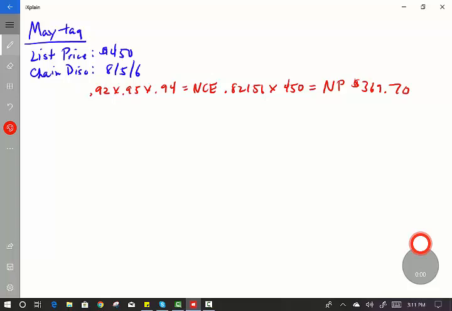Okay, technically, to get the amount of the trade discount, the amount of savings I had as a result of discounting this item, I could subtract the $369.70 from $450 and I would get my trade discount of $80.30. But technically, all I have to do is take 1 and subtract the net cost equivalent from that.